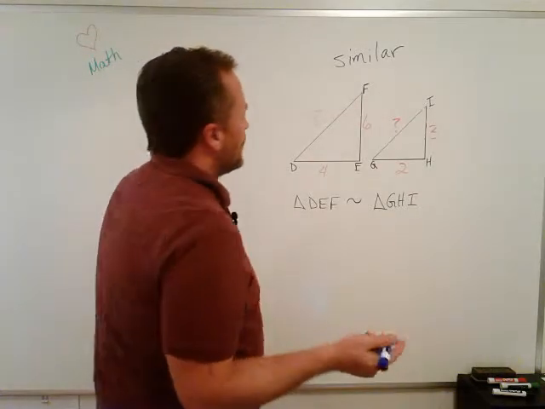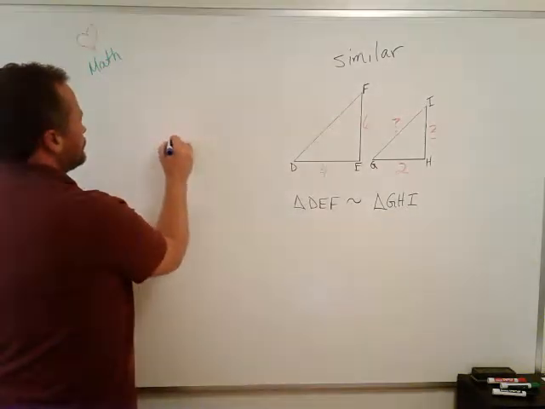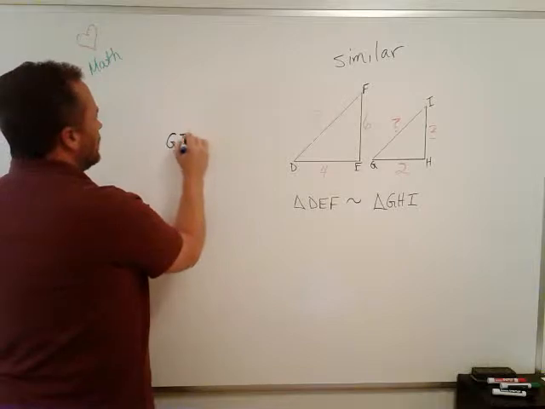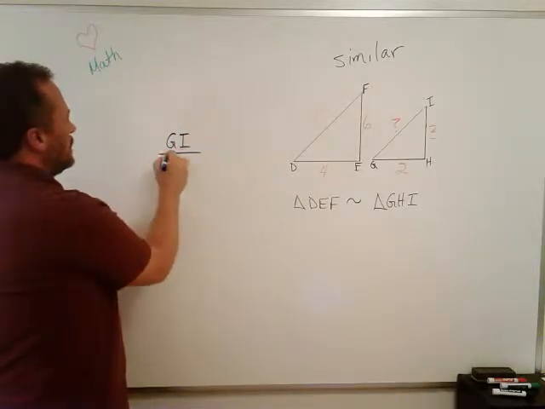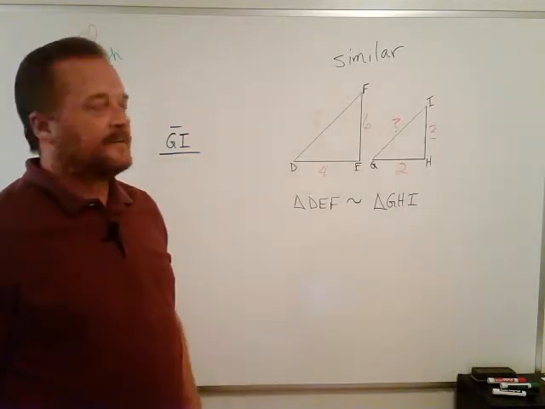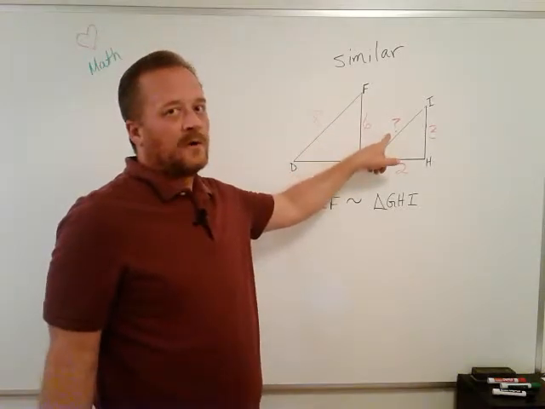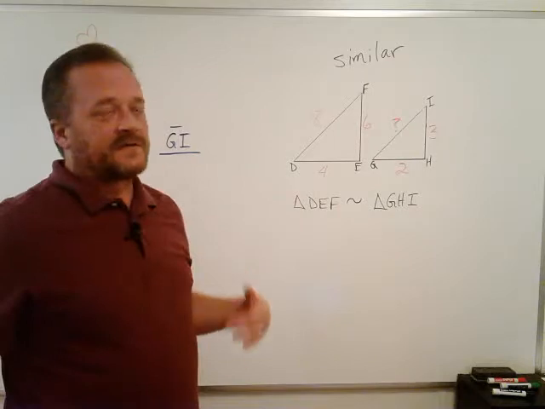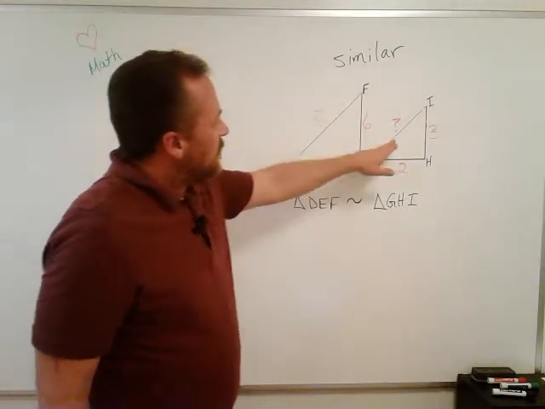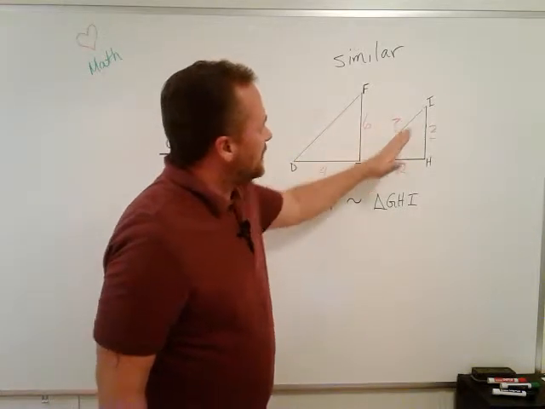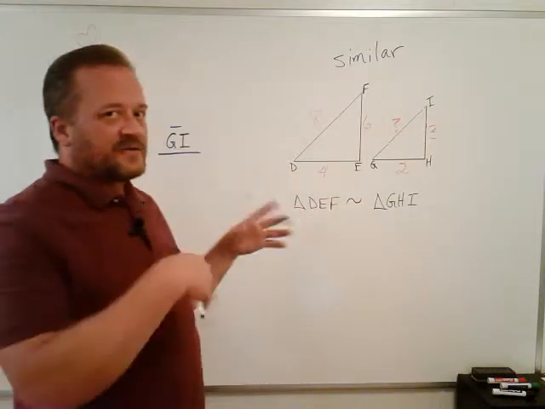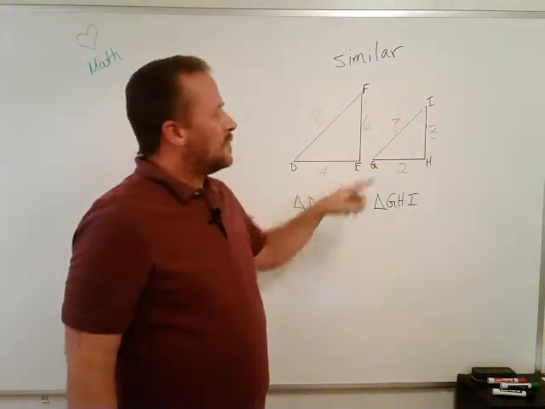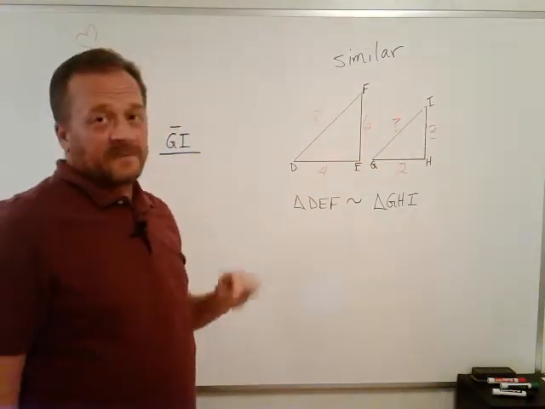So I want to make sure that GI is one of the sides that I deal with, because that's what I want to know. Always start with what you don't know, because then you can work backwards. What is the corresponding side for GI? Based on what we just talked about, if I want to know this, what is GI's corresponding side?